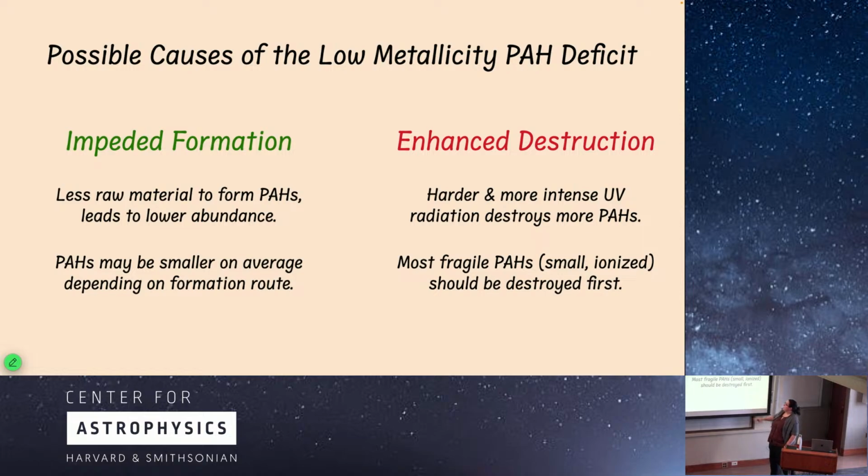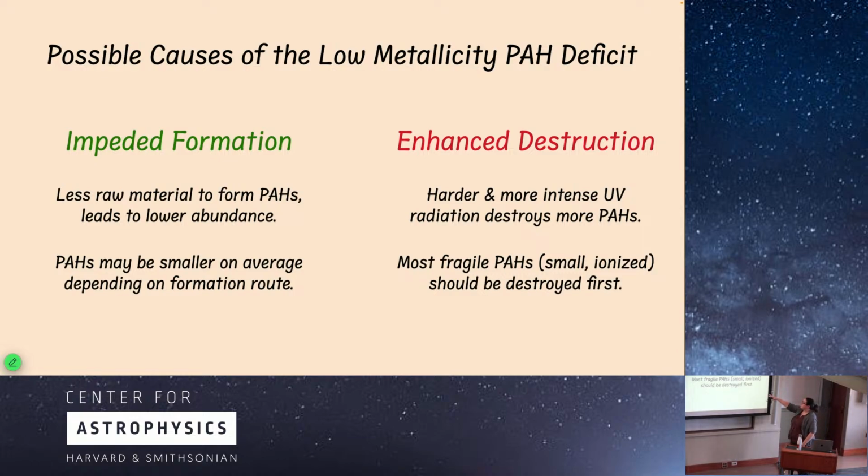Another that's been quite popular is the enhanced destruction mode. So here in low metallicity galaxies, your UV field is both harder and more pervasive because the shielding from other dust grains is lower. And so you are just better at destroying the PAHs throughout your ISM.